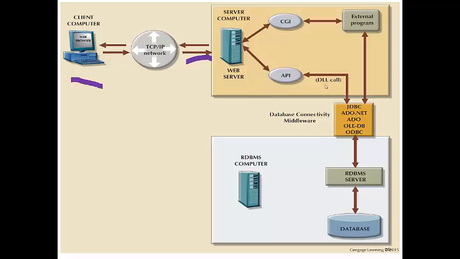If it is a call to some sort of program written by us, that then connects through the JDBC or the ODBC bridge or one of these other technologies to get to the RDBMS, and then the query is executed, and then back comes the result set, and back through the web server, back to the client computer. Note that there are three computers in this case: the computer for the web server, the computer for the DBMS, and the client computer.